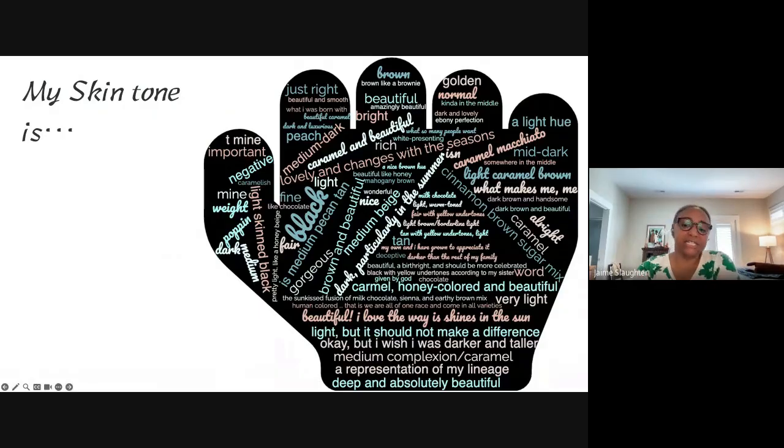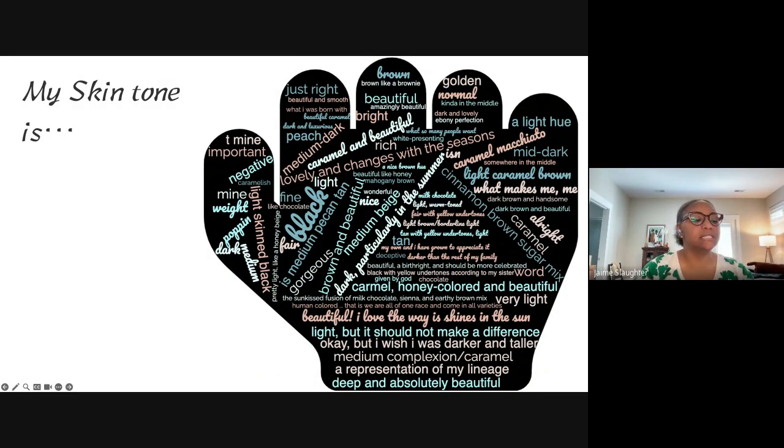And then this is just an example, this is my last slide. This is just an example of a way to visualize data, right? So in that same study, we used a closed question for them to self-report their skin tone, but we also asked them to complete this open-ended question: My skin tone is.